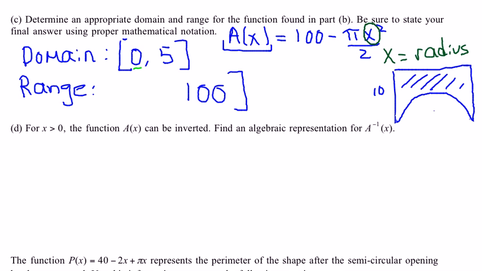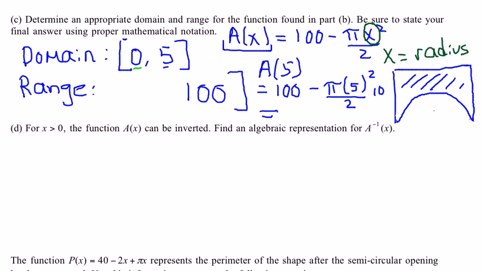And in order for us to calculate that, we are going to find what is A of 5. That comes into play when I have a radius of 5. How much material do I have left? Well, if I substitute 5 for x, I get 100 minus pi times 5 squared over 2.